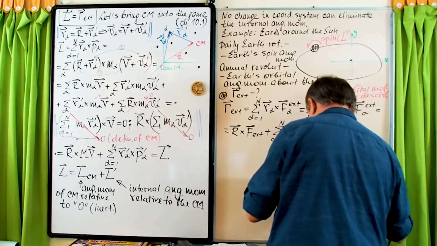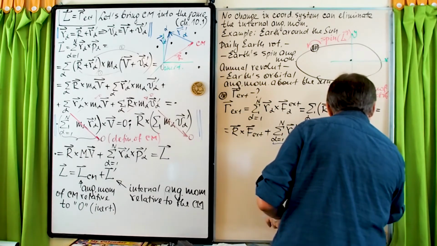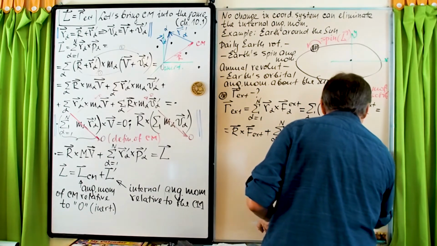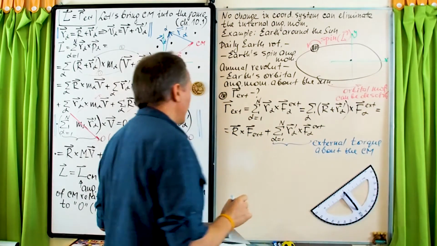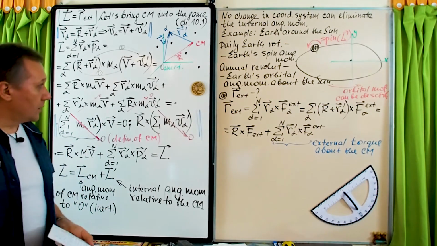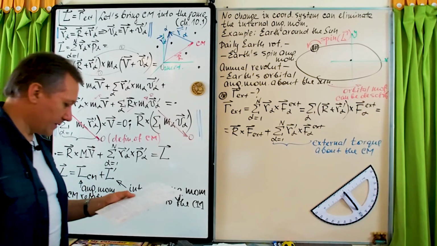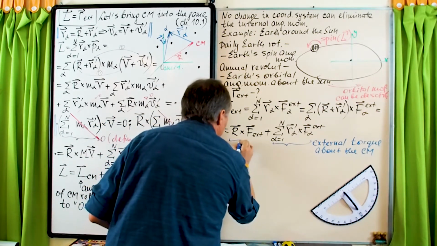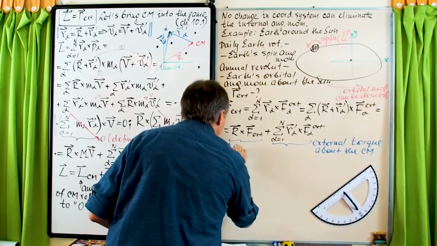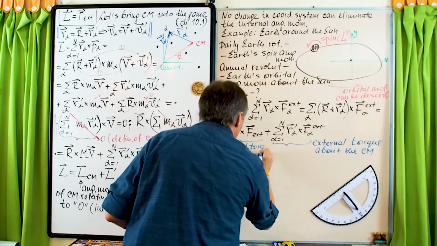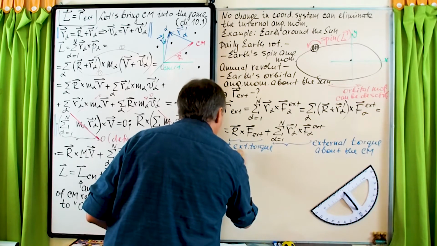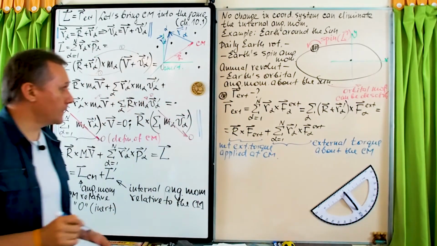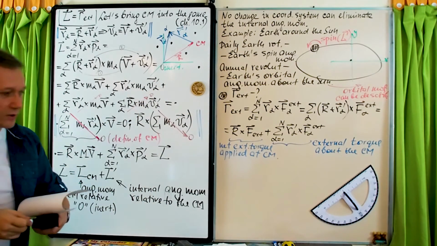External torque about the center of mass. And of course that is, again, the net external torque applied at the center of mass, applied at CM.